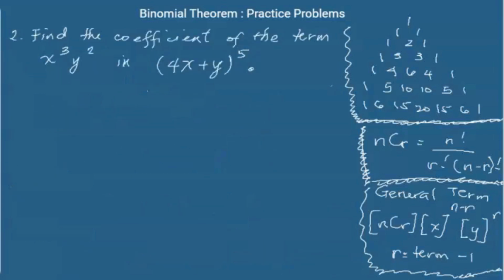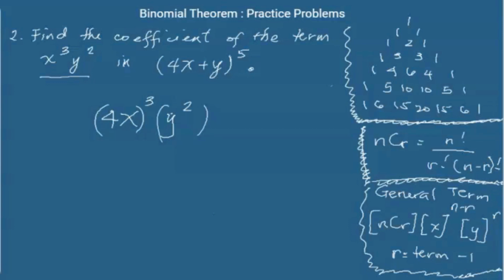Second example, find the coefficient of the term x cubed y squared in (4x + y) to the 5th power. So we need the coefficient of x cubed and y squared. The second term is y squared, and our first term is 4, and it's in cube.